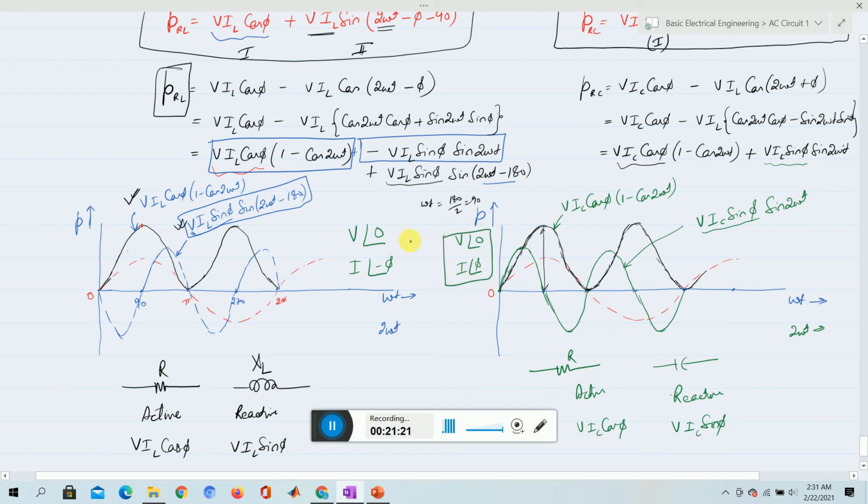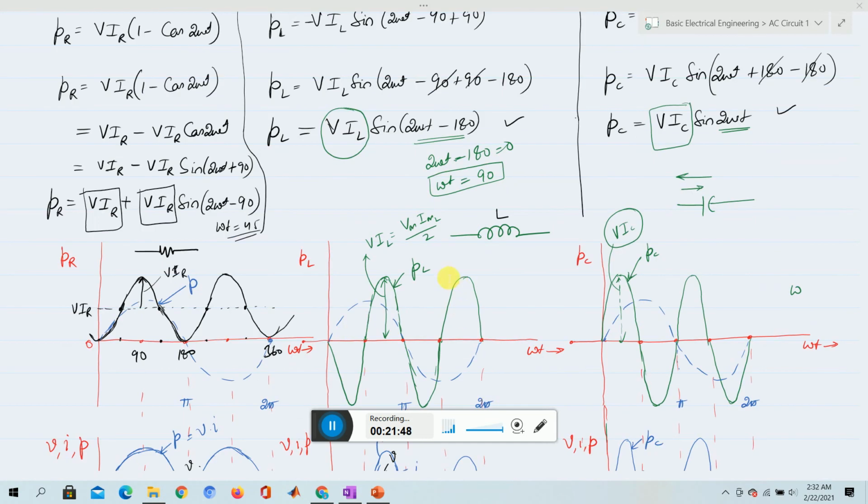So with this reference we are drawing these waveforms, and the difference that we observe is that the active part is the same, only the reactive part in the case of the inductor is first negative, then positive. In the case of the capacitive it is first positive then negative. So that's the difference we observed.